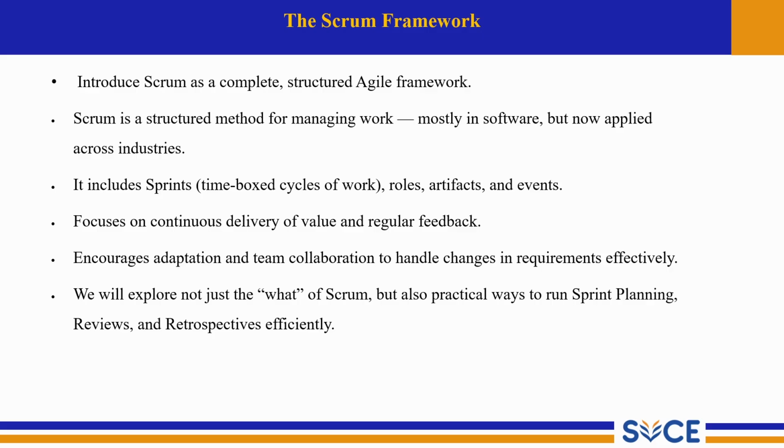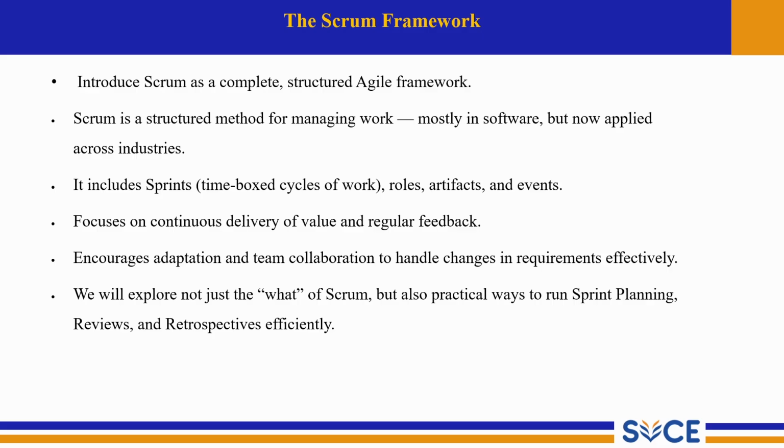So, regular feedback is used to make quick improvements. It encourages adaptation and team collaboration to handle changes in requirements effectively. This shows that Scrum helps teams handle changes in requirements while working together closely.